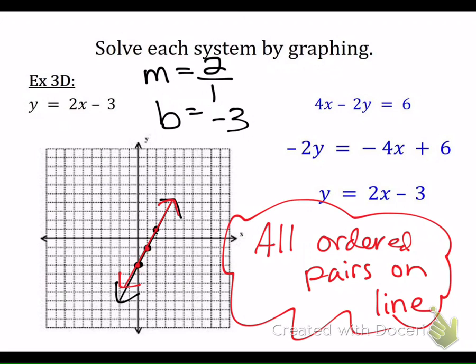So, to clarify, if it says how many solutions, you can say infinitely many. If you're actually giving me the solutions, you have to say all ordered pairs on the line. This will happen maybe once a worksheet, so it will not take that long.